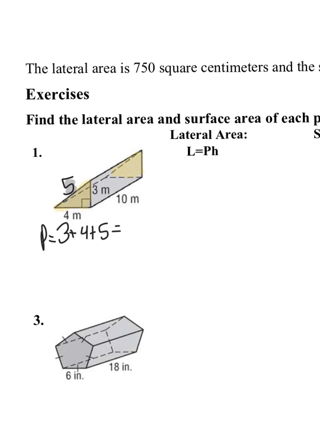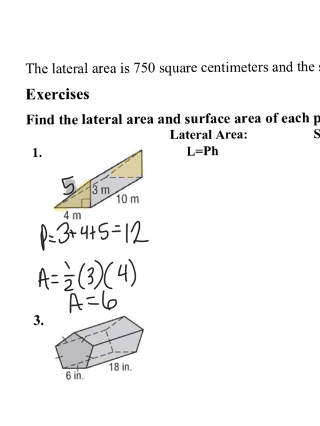Perimeter of the base is 12. Area of the base. The area of a triangle is 1/2 base times height. So 1/2 times 3 times 4. The base and the height of the triangle are the ones that form the right angle. So 1/2 times 3 times 4, area is equal to 6. And it's 6 meters squared, but we'll do the labeling afterwards.